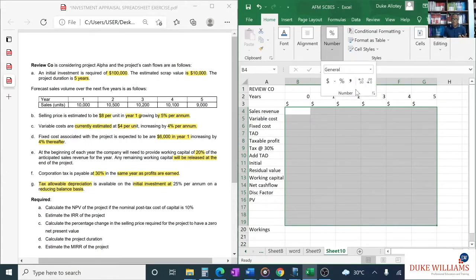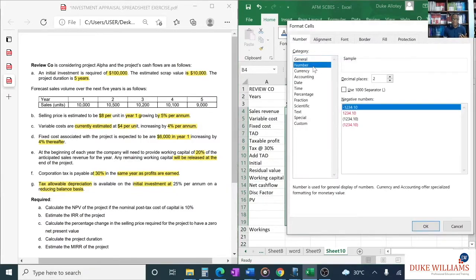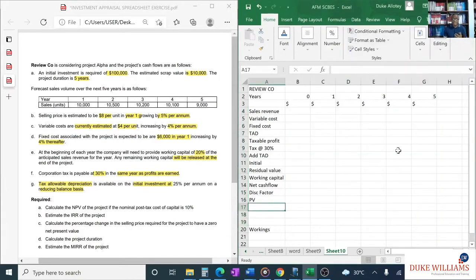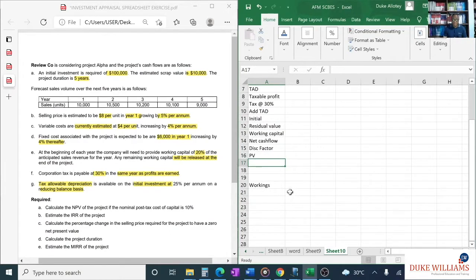So I could go here and say I want that as a number, two decimal places maximum, and then anything in there will be tidied up within two decimal places. You can do that and format the cells in there as well. So yes, for these workings, I could introduce again the years, maybe one, two, three, 4, 5.